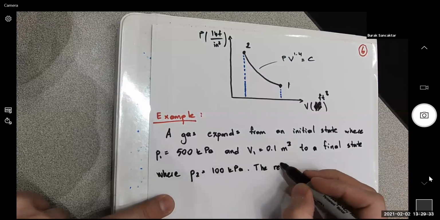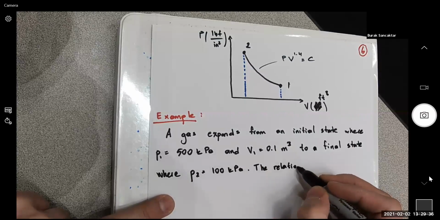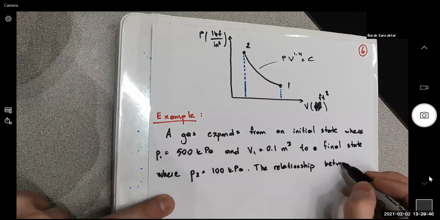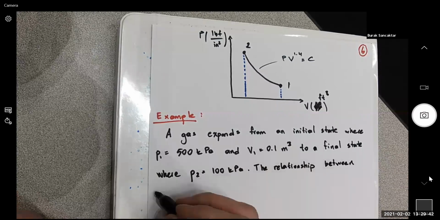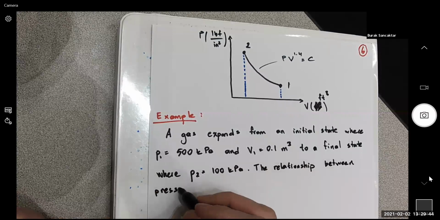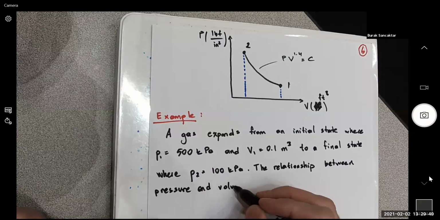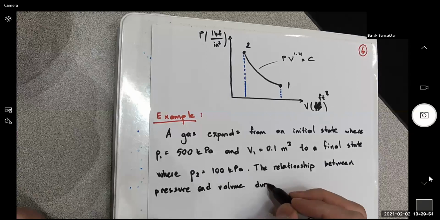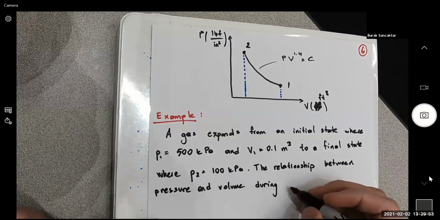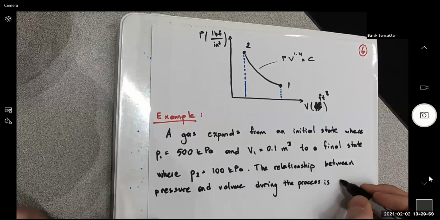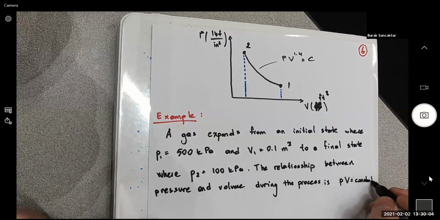The relationship between pressure and volume during the process is P V constant.